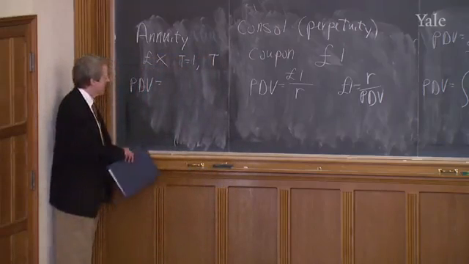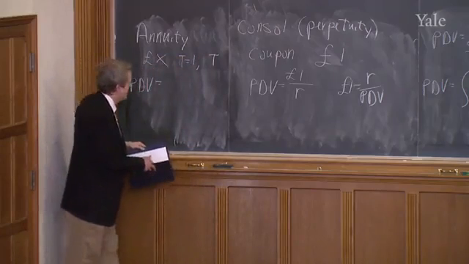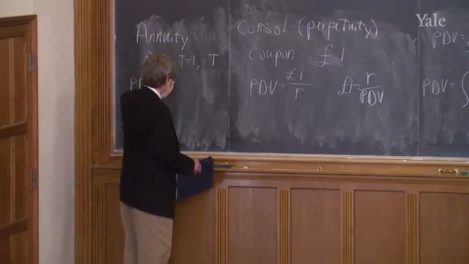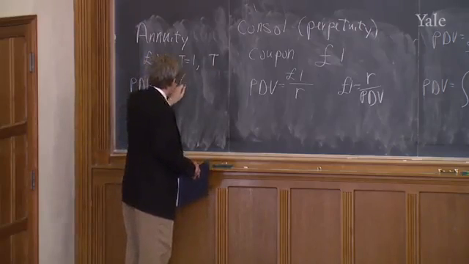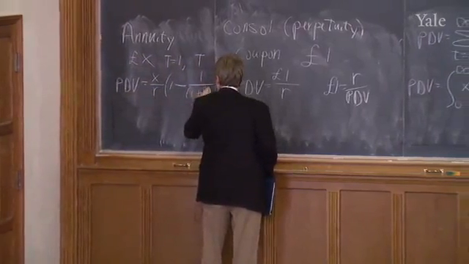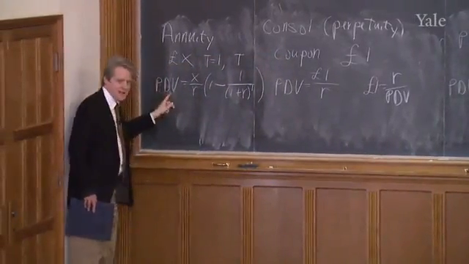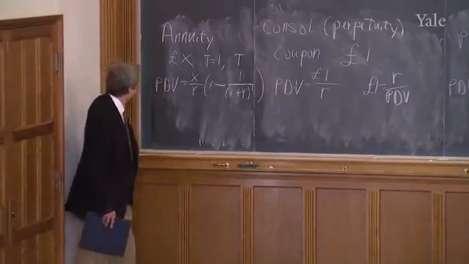Capital T is the last payment. Then the present discounted value formula is x over r times 1 minus 1 all over 1 plus r to the Tth power. So that's the annuity formula.